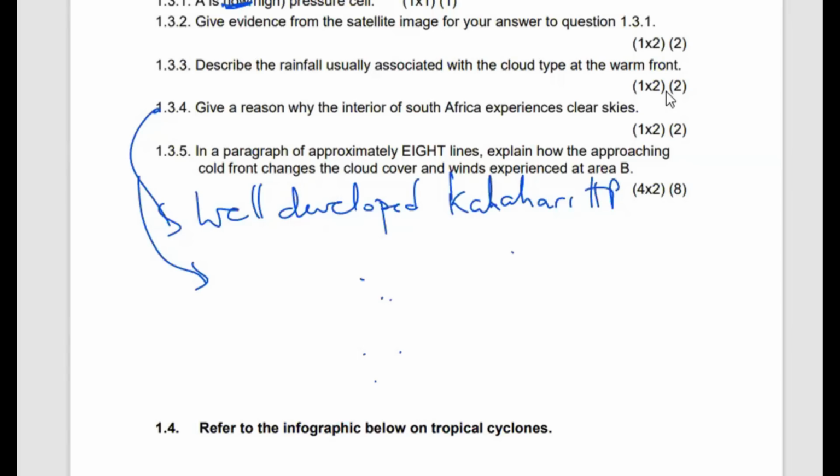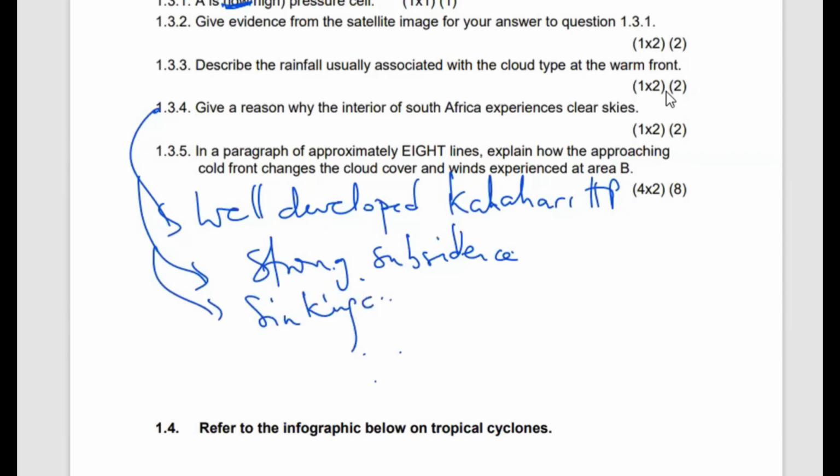And also we can talk of strong subsidence to add to that. If there's strong subsidence, it means there's strong sinking air and ultimately we cannot have cloud formation. That is why we have clear conditions over the interior. And also we can talk of sinking air, the same from the Kalahari high pressure cell. If you are having sinking air, we are saying instead of the air being uplifted, it's going downwards.